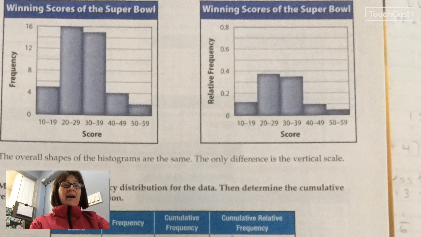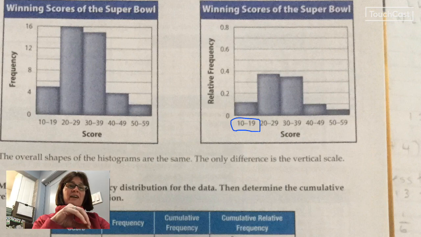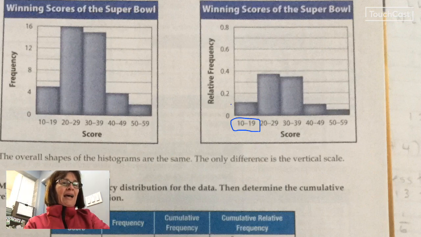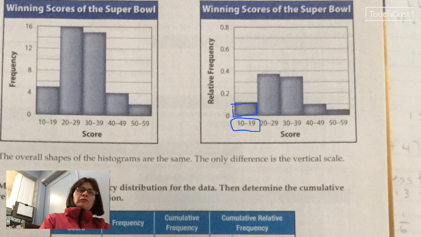There were 5 scores in the category 10 to 19, and 42 total scores. So 5 divided by 42 is 0.12. That's the height of this bar.